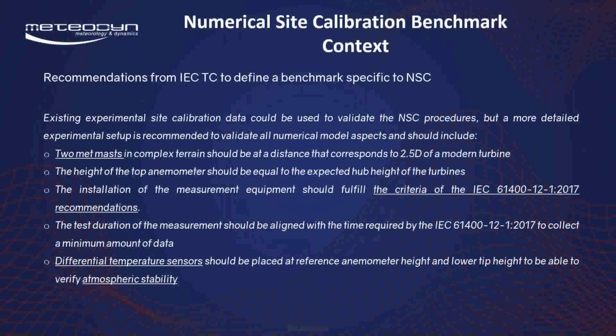So we need for this benchmark case 2 met masts on complex terrain, in order to define the relation between the wind speeds at the masts. The distance will be very small, a maximum of 2.5 rotor diameters. The height of the top anemometer should be almost equal to the hub height. And all the installation should be defined in accordance with the criteria of IEC 12.1.